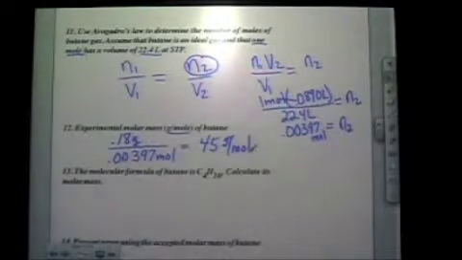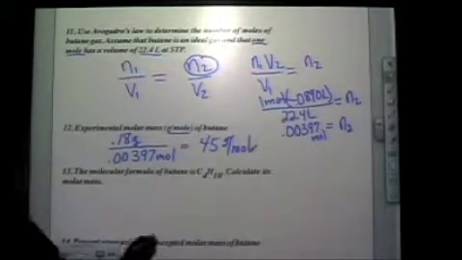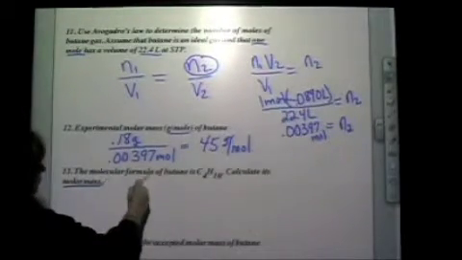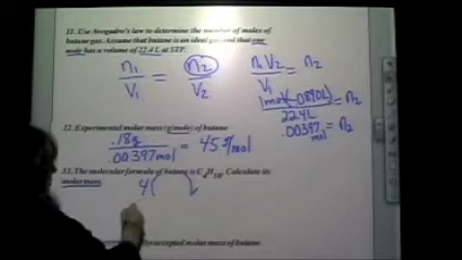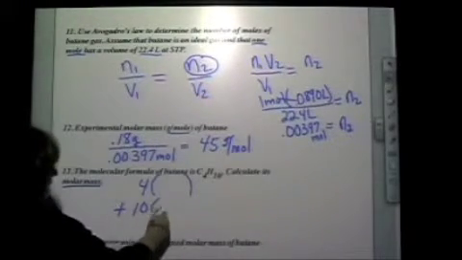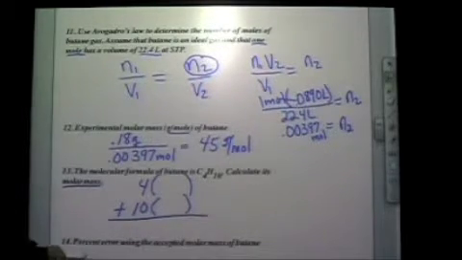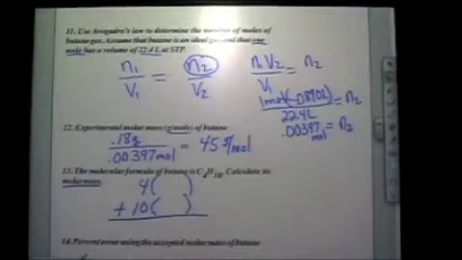Okay, now, molecular formula of butane, C4H10. Calculate its molar mass. How do I do that? Look at the formula. 4 carbons plus 10 hydrogens will give you the molar mass of butane. Then, percent error using the accepted molar mass of butane.